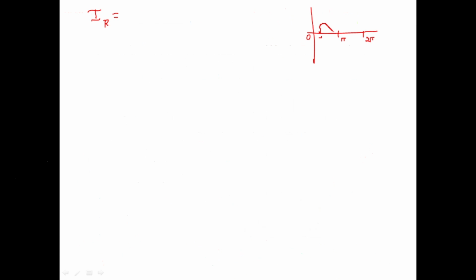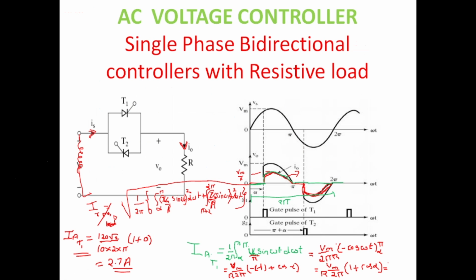It conducts till pi, and it does not conduct from pi to 2 pi. So if you consider this as alpha, and this is my Vm, if you are having a problem, I can show you. This is the current waveform.